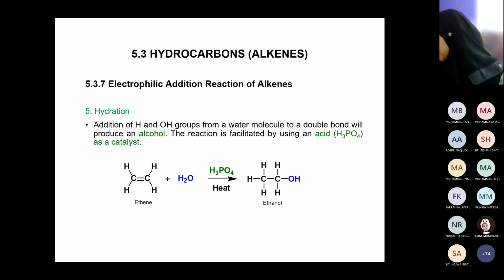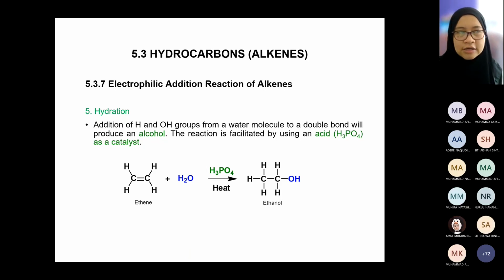Unfortunately, my plan did not materialise, so we have to stop at reaction number 4. We have one more reaction, and the other subtopic is also about alkene, but that is the unsaturation test to identify alkene. Let's say you have 2 unknown bottles in the lab.